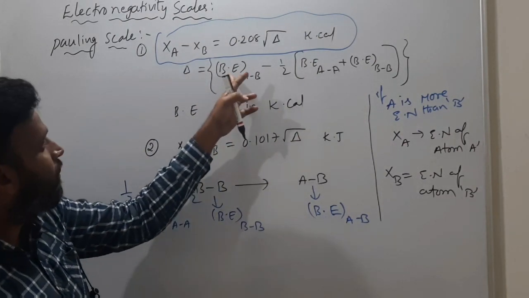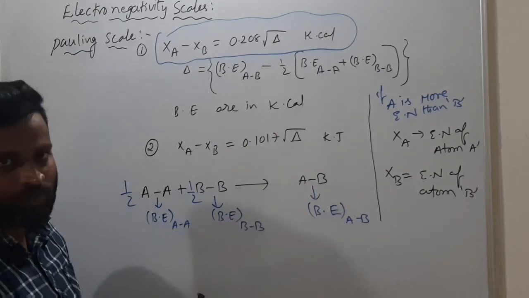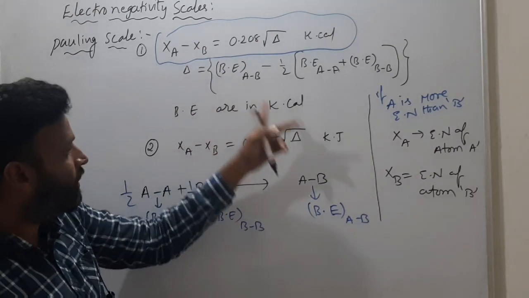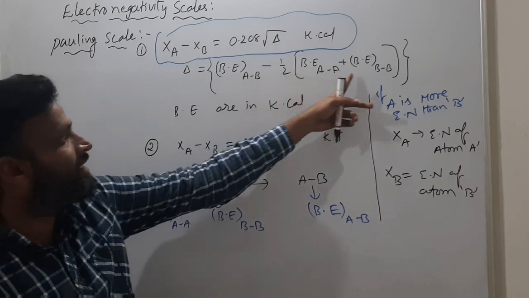Understood, everyone? The bond energy of AB is the product. So simply, delta is the bond energies of products minus the bond energies of reactants, here the bond energy.